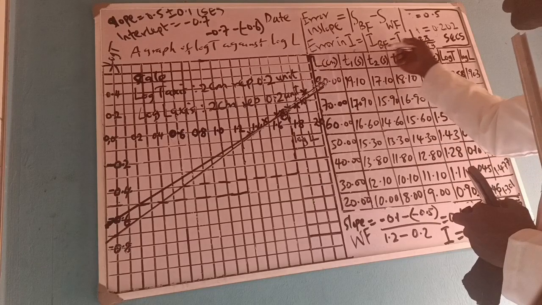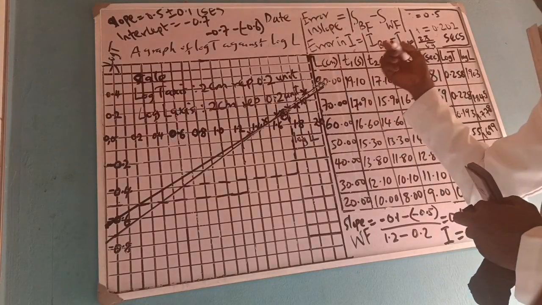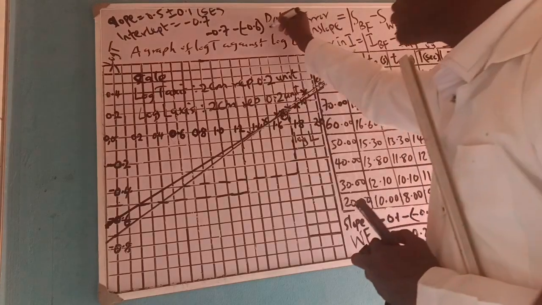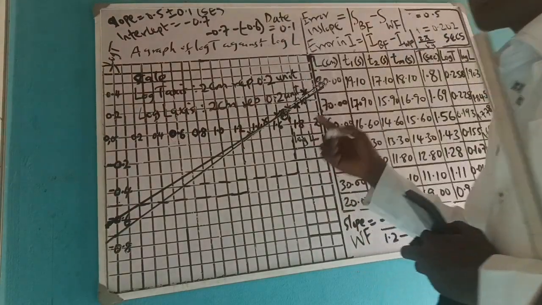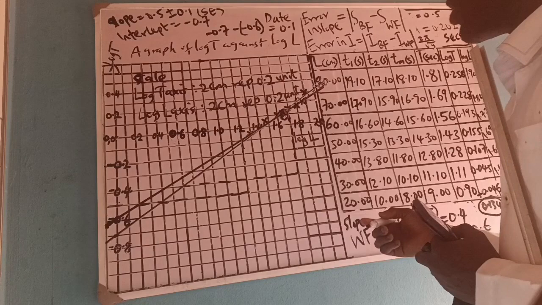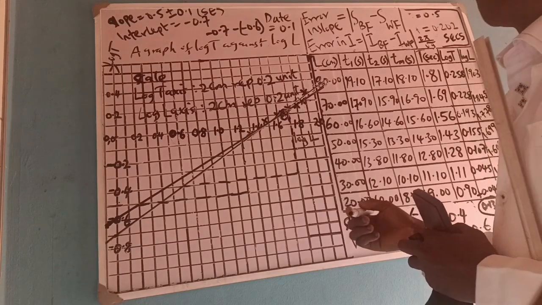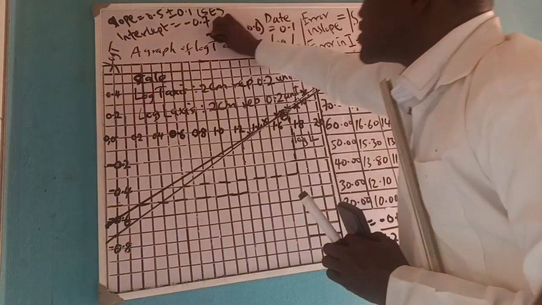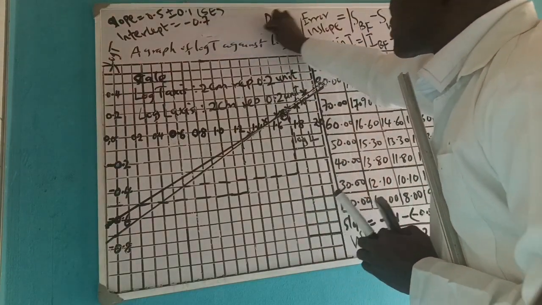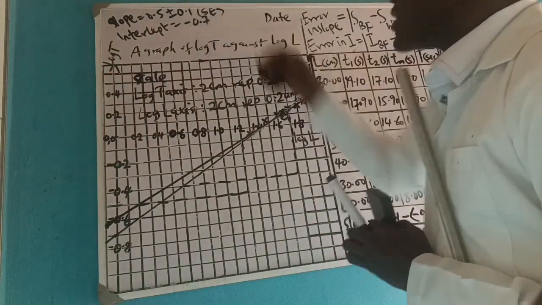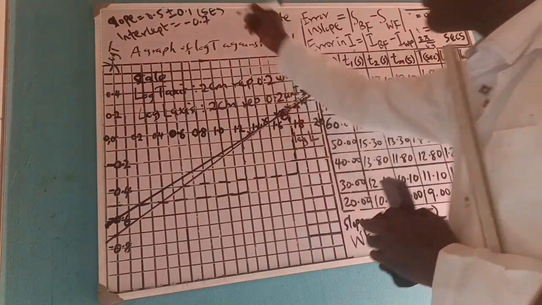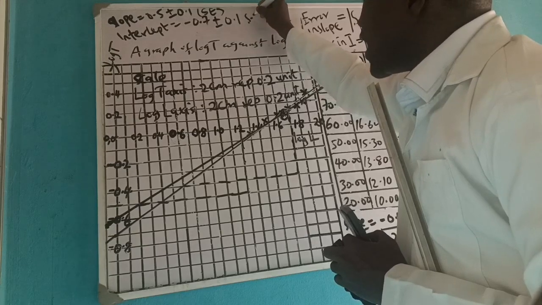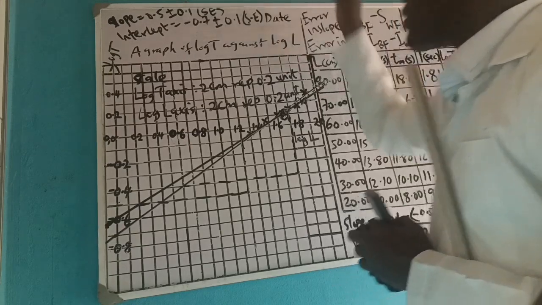Because of this modulus, forget about the minus you have in that 0.1. So it will now be equal to 0.1. Forget about the negative sign, because our error shouldn't be negative. That is what it means. Therefore, our intercept is minus 0.7 plus or minus 0.1 standard error, so to speak.